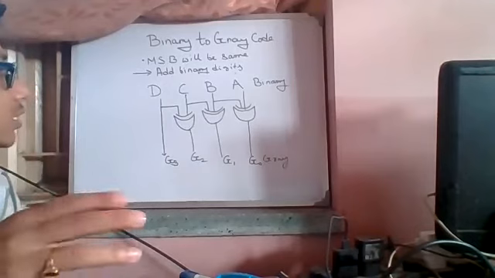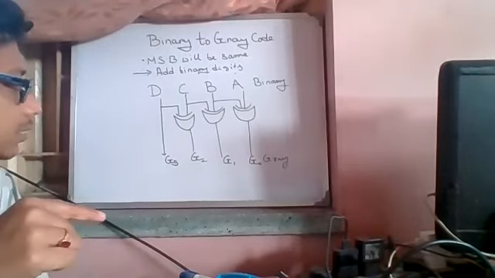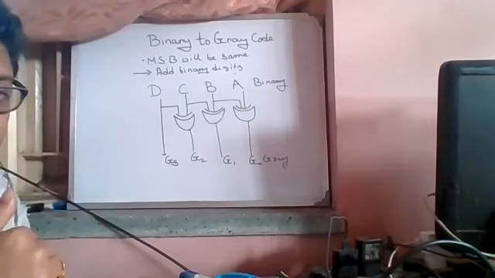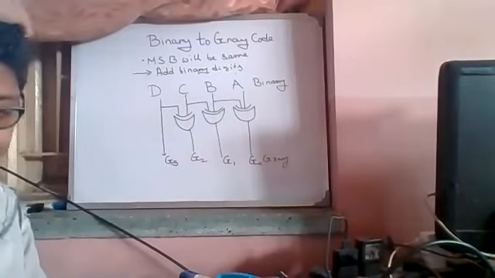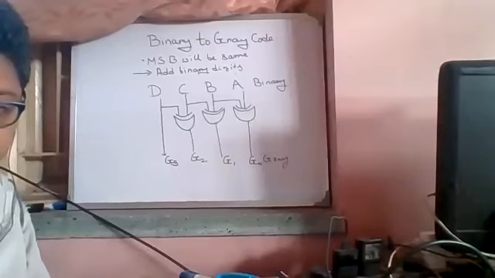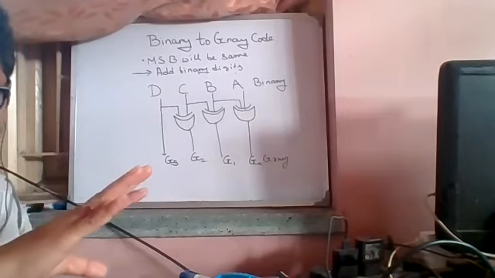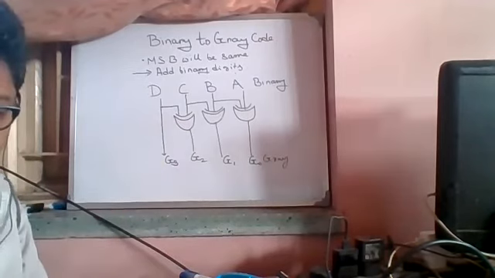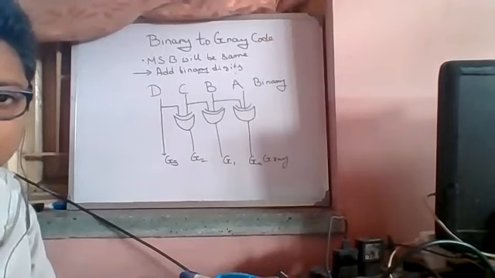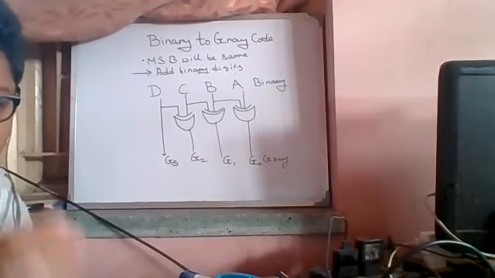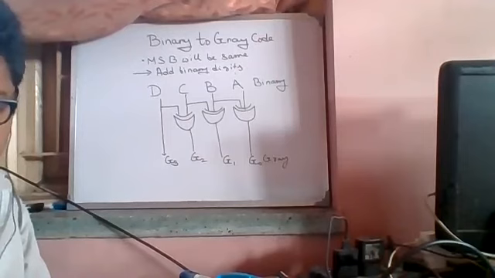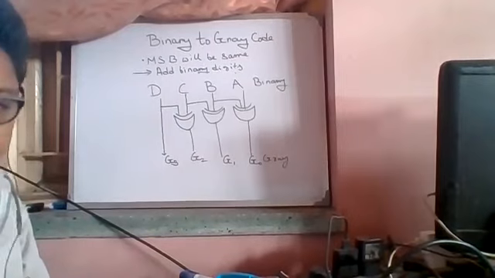The rule was MSB will be the same again, and from Gray to binary, we add each binary digit that is generated to the Gray code digit in the next adjacent position.